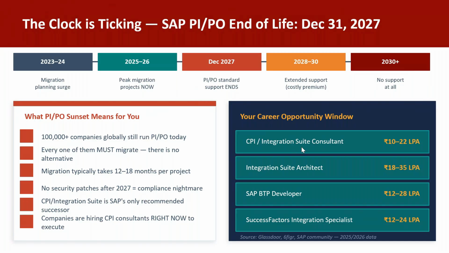So there will be no support for PIPO. There will be no security patches. There will be no upgrades to PIPO. So SAP asked all the customers to move to CPI. So there is an increasing demand, and that's why you will be seeing more of PIPO migration projects to CPI. So that's the reason, since PIPO is going to end by 2027 basically, right?